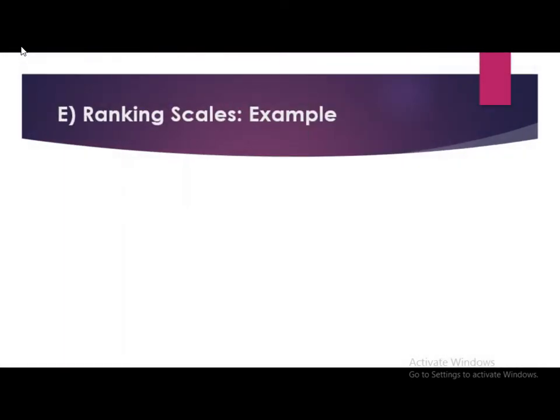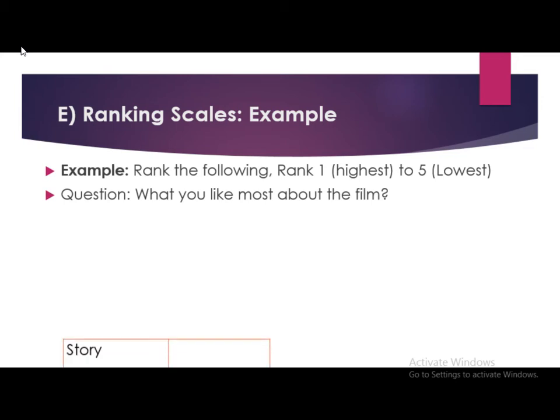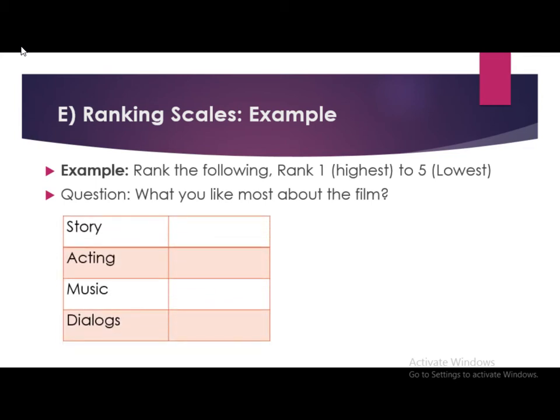We will take another example. Rank the following, where rank 1 is highest and 5 indicates lowest. Question: what do you feel about the film? Suppose there are options like story, acting, music and dialogue, and a fifth option, suppose cinematography.